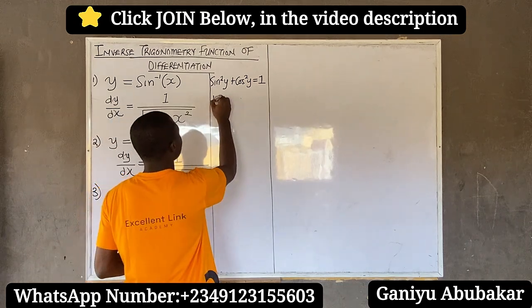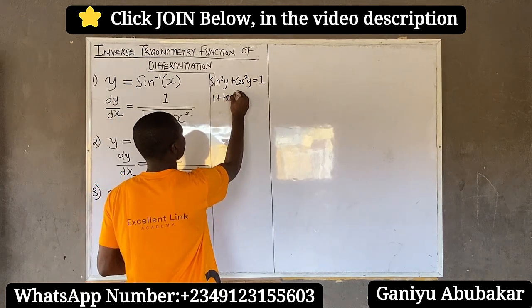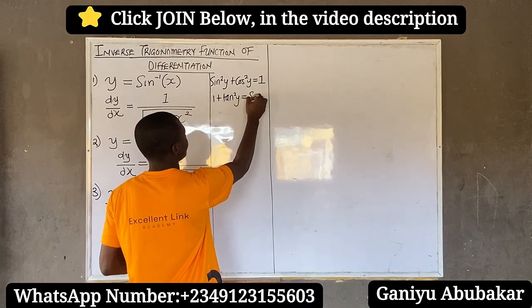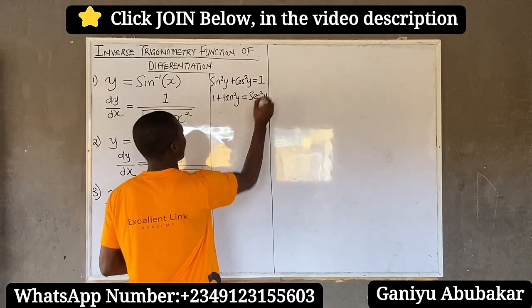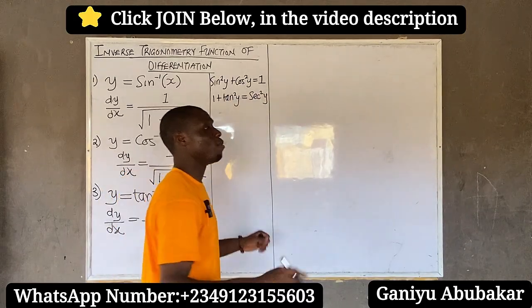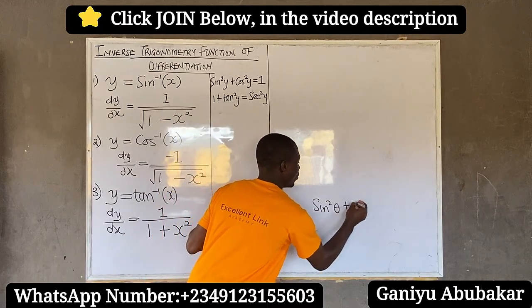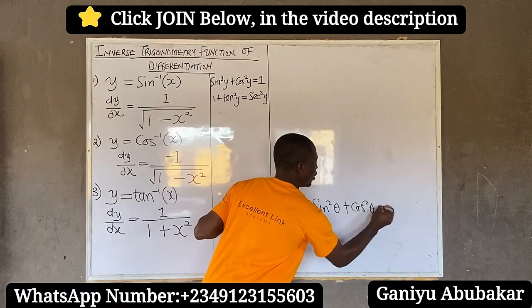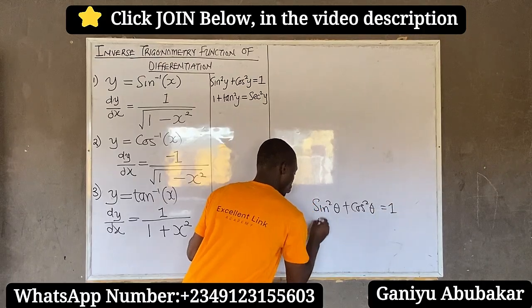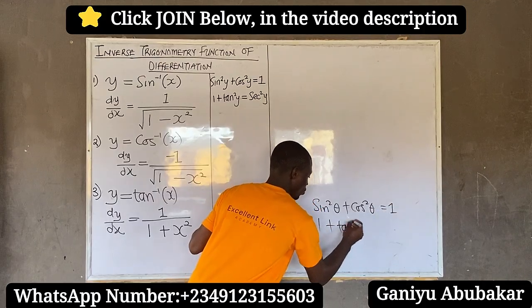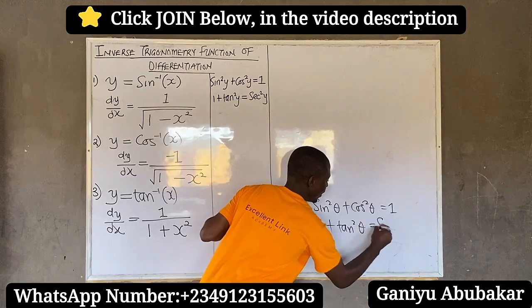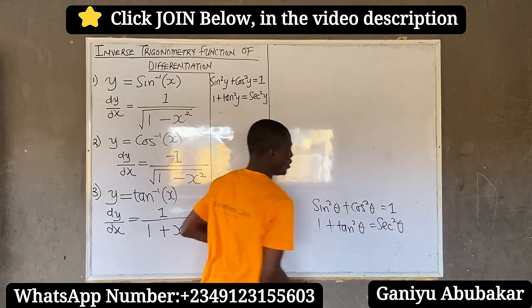Also note that 1 plus tan squared y is equal to sec squared y. What we know generally from trigonometry is sine squared theta plus cos squared theta equals 1, and 1 plus tan squared theta equals sec squared theta. These are what we are familiar with.